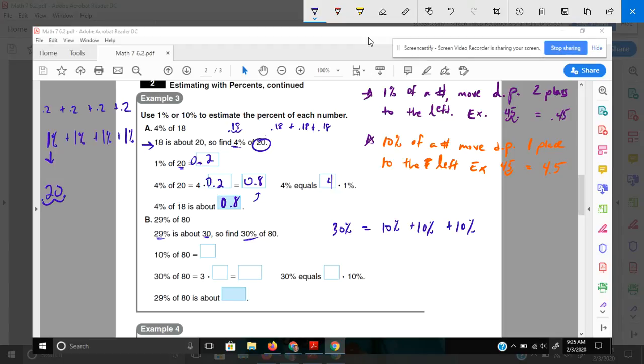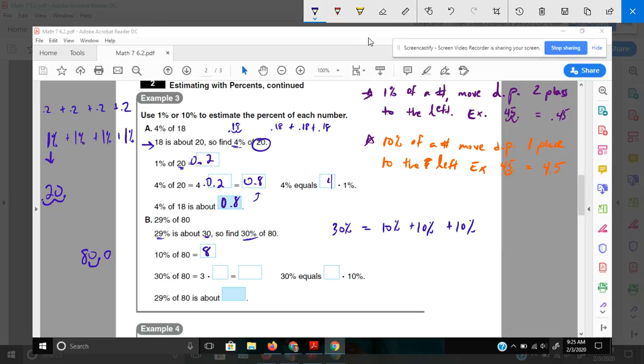To find 10% of a number, all we need to do is move the decimal place 1 to the left. So 10% of 80: here's our original decimal, 80.0 is the same as 80. 1 spot to the left gives us 8.0, which is the same as 8.